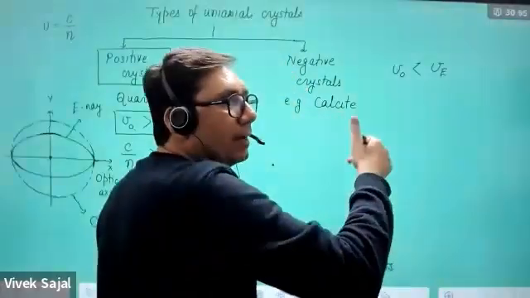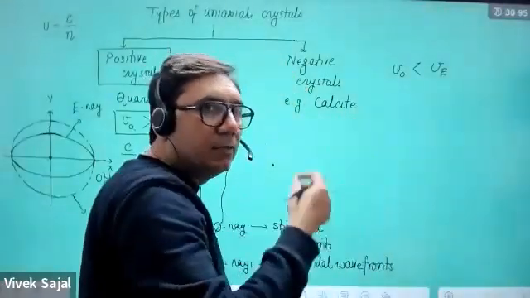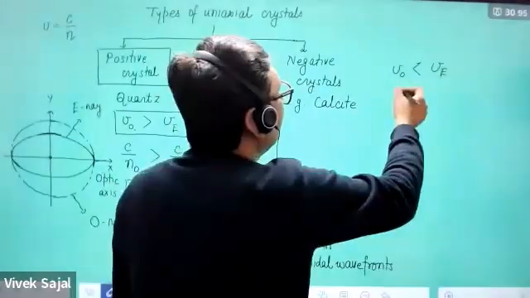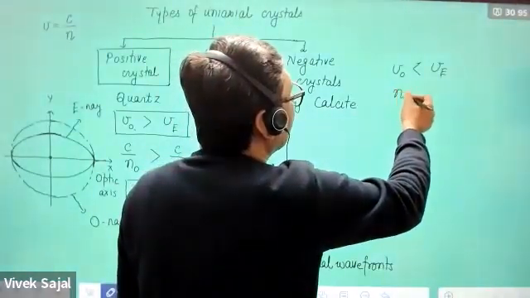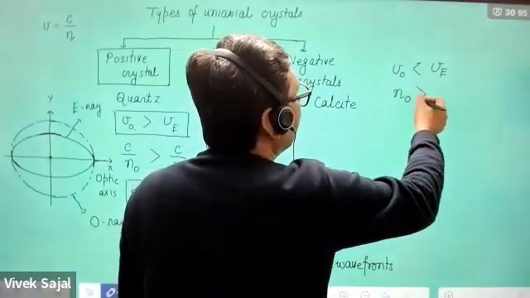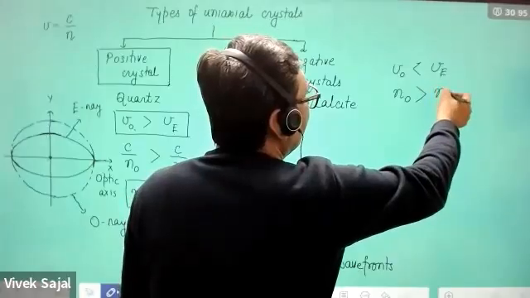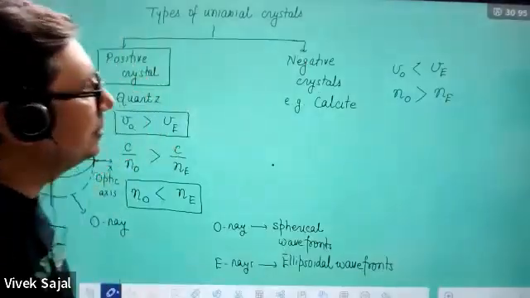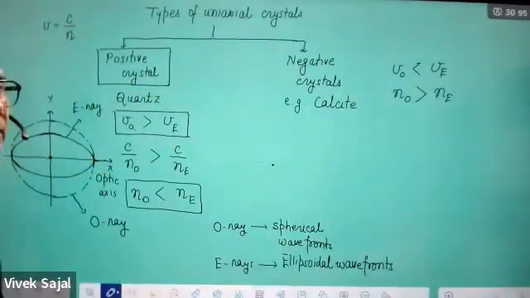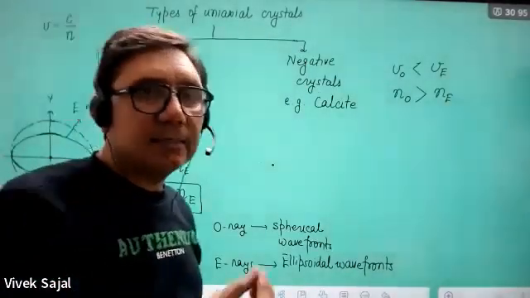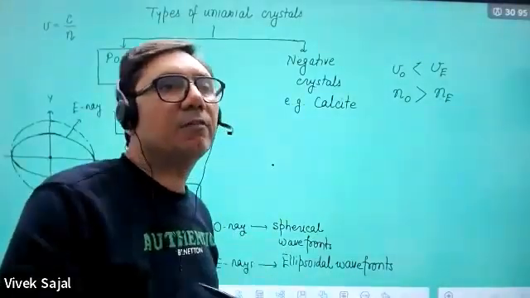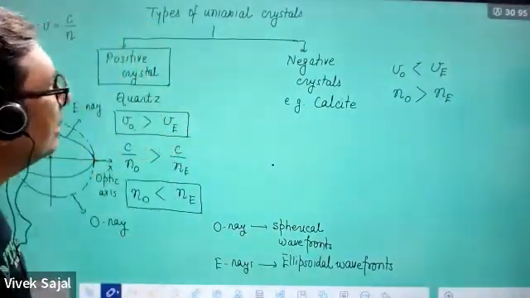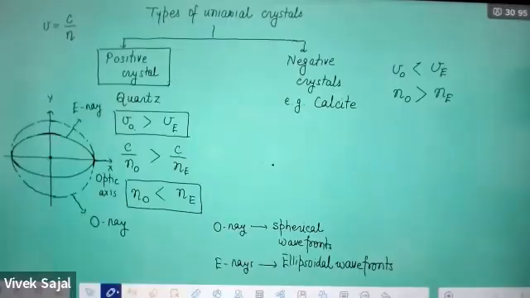In terms of refractive index, you can say that the refractive index of O ray is greater than the refractive index of extraordinary ray. So this type of crystals, in which the speed of ordinary light is less than the speed of extraordinary light, are known as negative crystals.